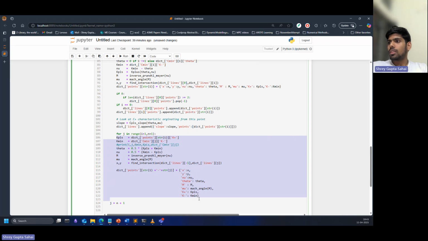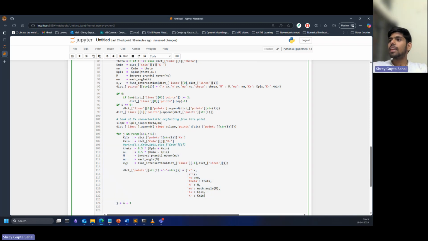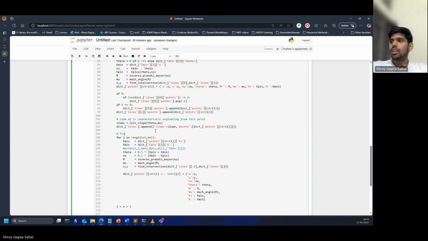The idea is every time you stumble upon a C plus line, find intersections with the rest of the following C minus lines. Again, along this C plus line, K plus is given, is known.